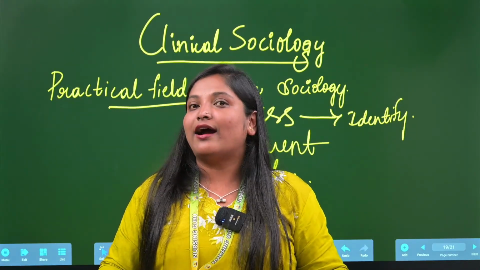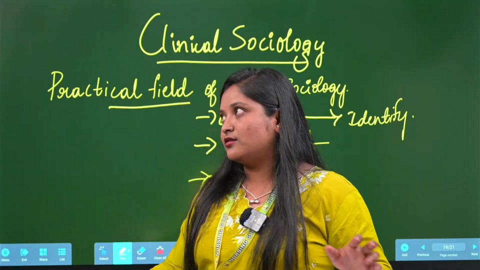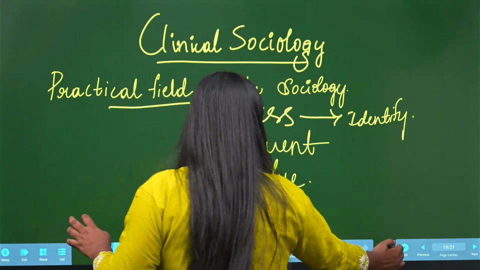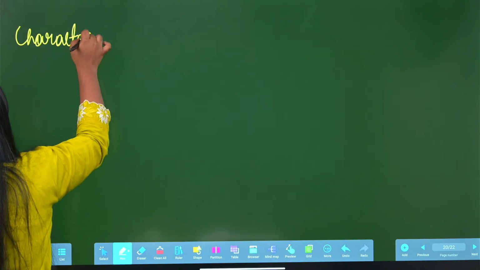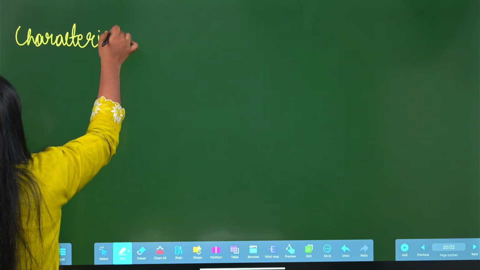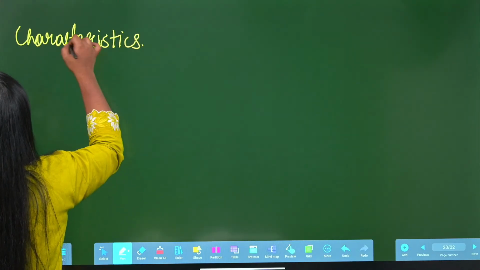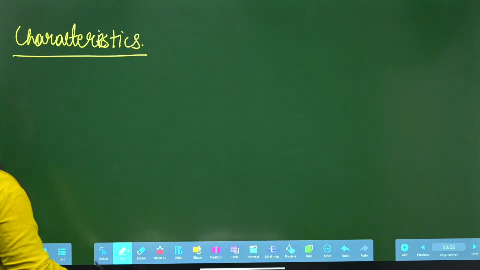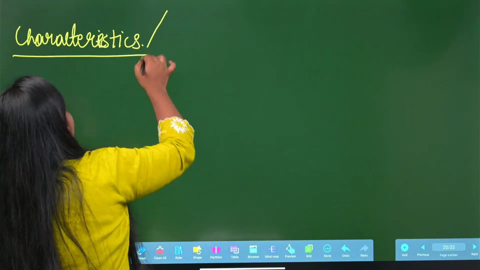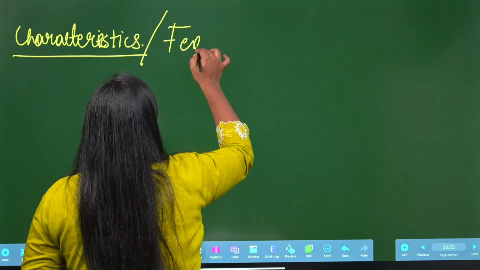Understood, right? Now we can see the characteristics of this. That is also very important. They may ask a 2 marks question on characteristics. Characteristics are like features, special features.